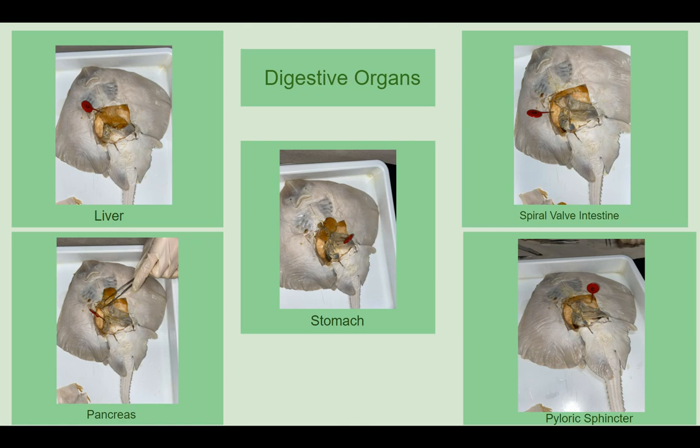The spiral valve is right here, and its job is to concentrate the fatty reserves, and it therefore adds energy storage. And the liver has elasmoid branches that act as a hydrostatic organ by storing low-density oils.